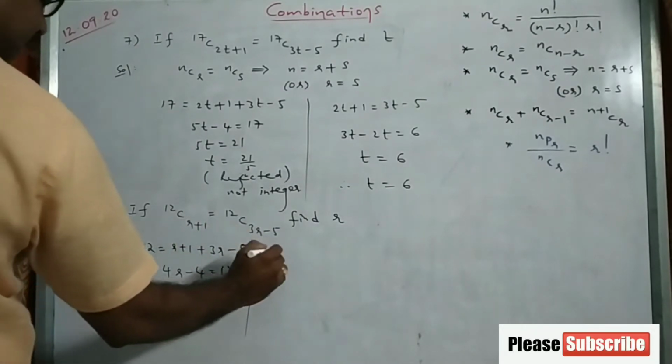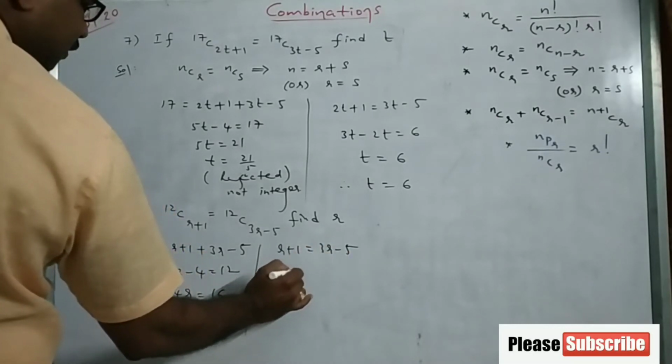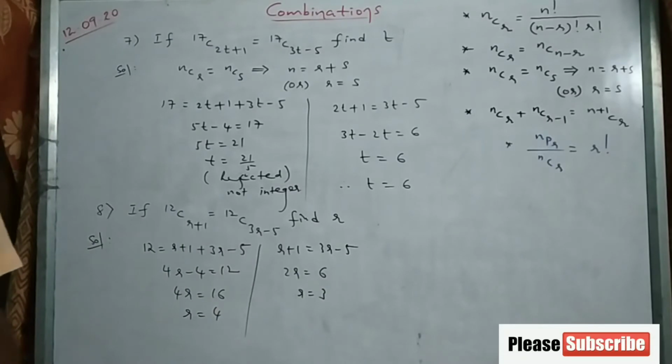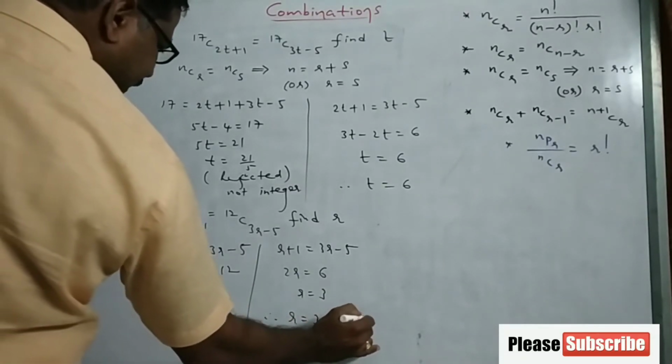Another case is R equals S. R plus 1 equals 3R minus 5, 2R equals 6, R equals 3. So R equals 3 or R equals 4.